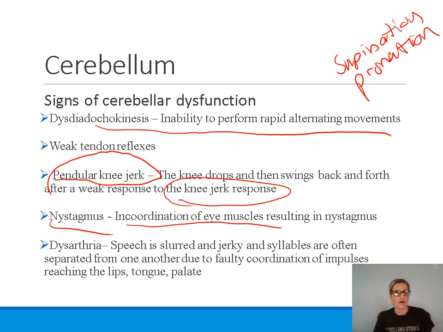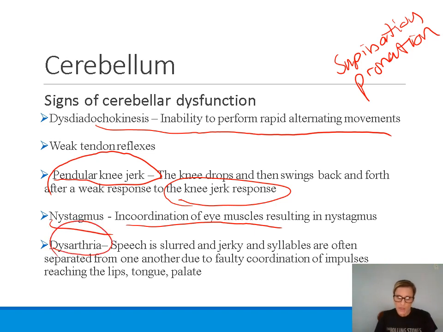There's a lot that's involved with this, but it also does involve the cerebellum, the vestibular nuclei, the labyrinth in the inner ear, along with visual pathways and motor pathways. So there's a lot that's involved with coordinating eye muscle movements. But loss of cerebellum results in some incoordination of the eye muscle movements and then nystagmus.